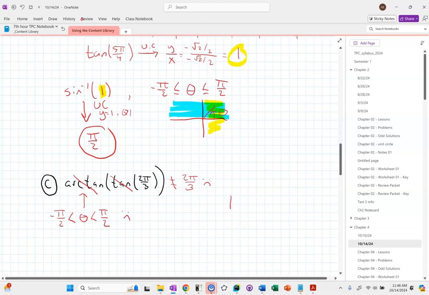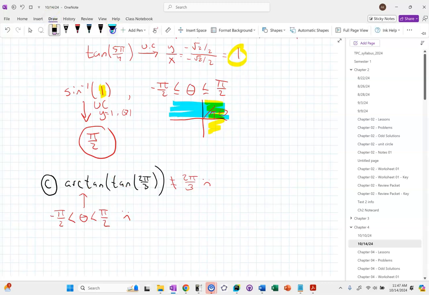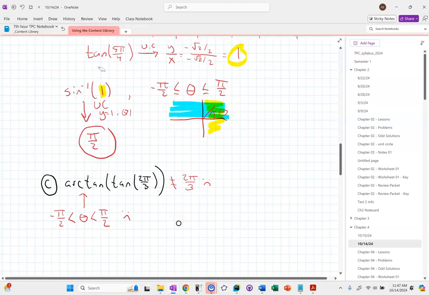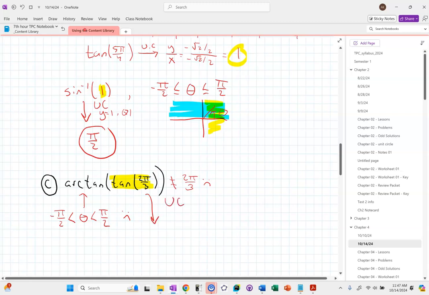We're just going to do it the exact same way we've done before. There's just no shortcut through it. So we start with the inside. So I locate on my unit circle 2 pi over 3. And I know tangent is y over x.